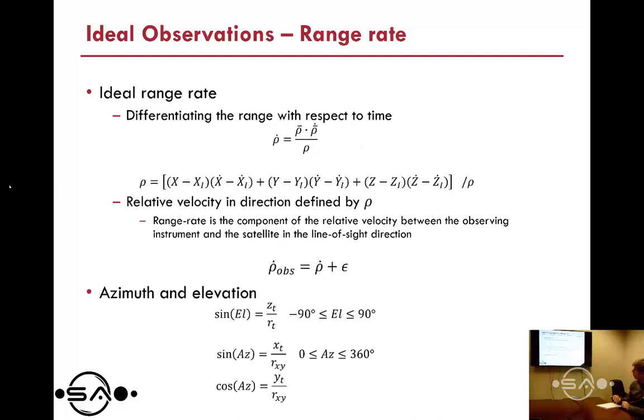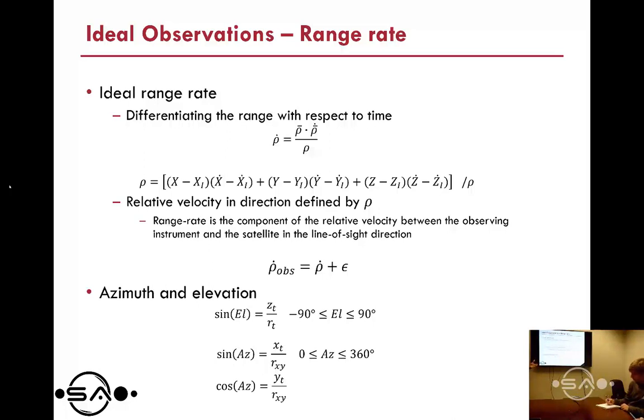Range rate. So we differentiate the range with respect to time in order to find the ideal range rate. The range rate is literally the relative velocity along the direction of the range. So in other words, in some sense, how is my range changing, right?